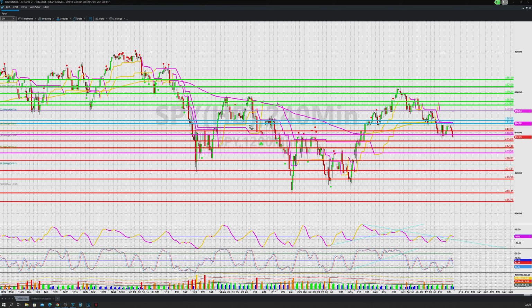But just looking at the chart and not the algos, what it says is that we are below the 200. This purple line is the 200 EMA. It turned purple, and we are in the shorter term below the super trend.